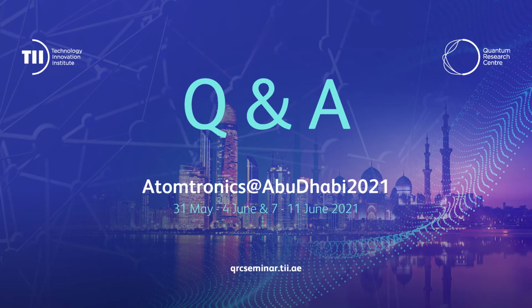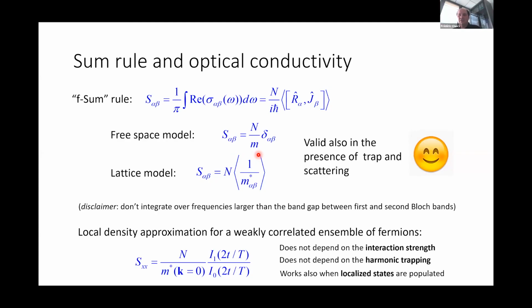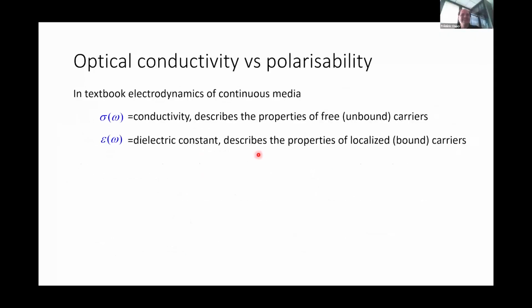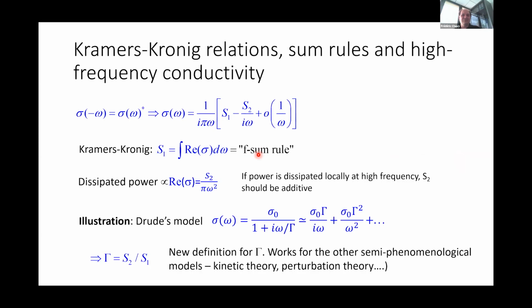Well, this is kind of related to the first thing I was saying with the first f-sum rule. Maybe I can show my slide, which is here. When you expand sigma of omega at large omega, you have this sum rule here, and as we said, this is related to the local properties of the system.